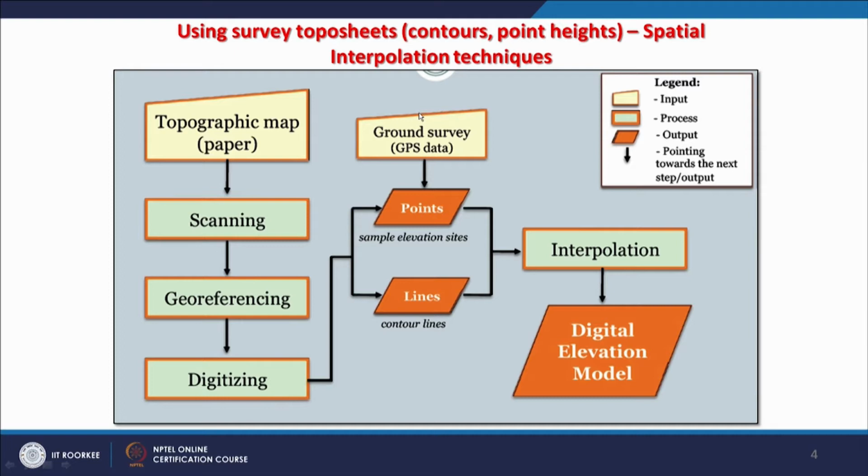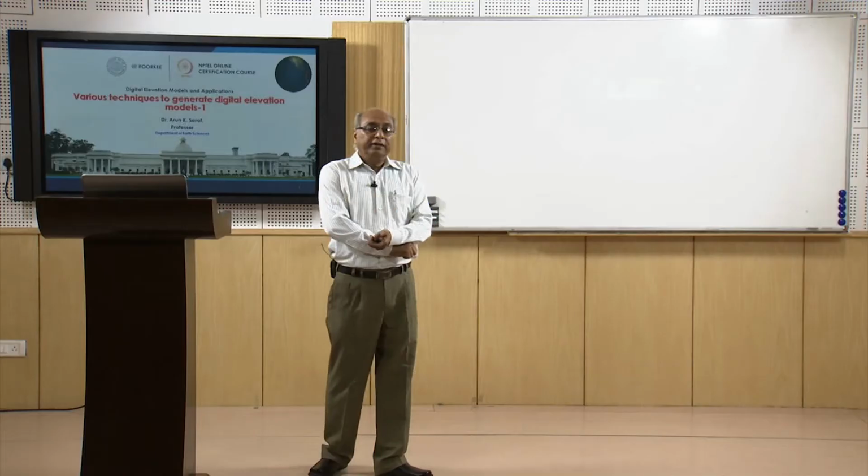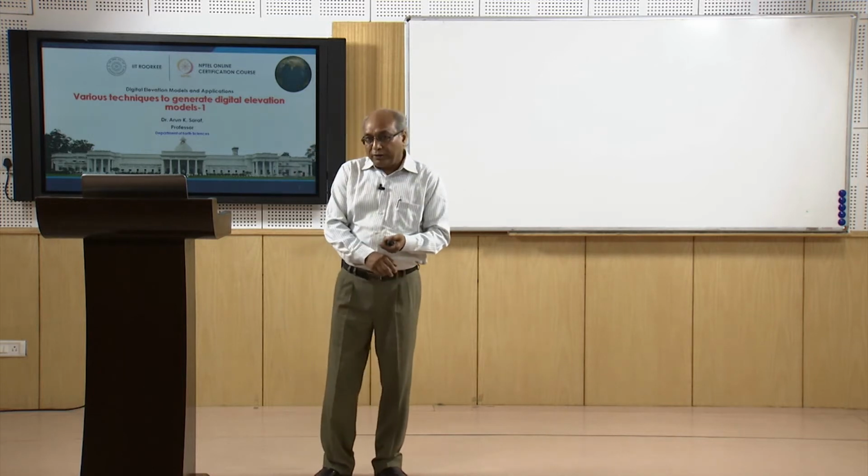This DGPS data can also come directly in point form, and that data can be used to create digital elevation models through spatial interpolation techniques. So this is how the entire process of creating digital elevation models employing spatial interpolation techniques using topographic maps works.